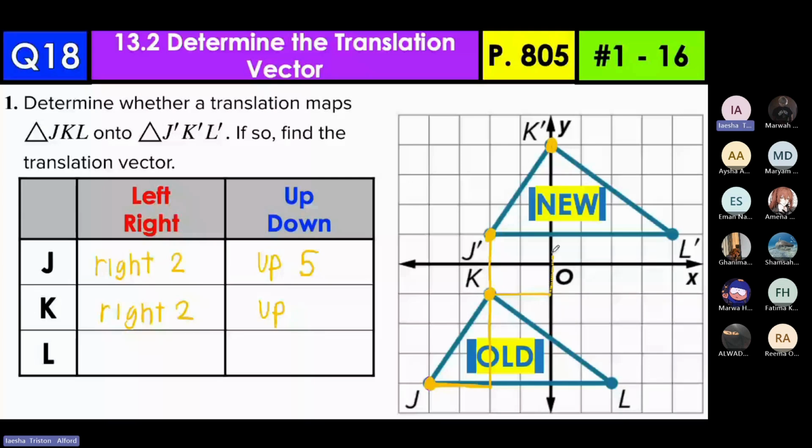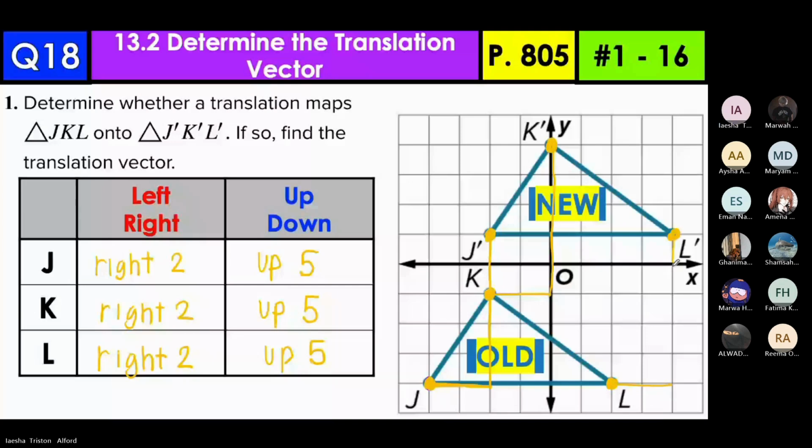Now we want to go from L to L prime. Left or right? Right 2. And up 5. So right 2, up 5. Okay.